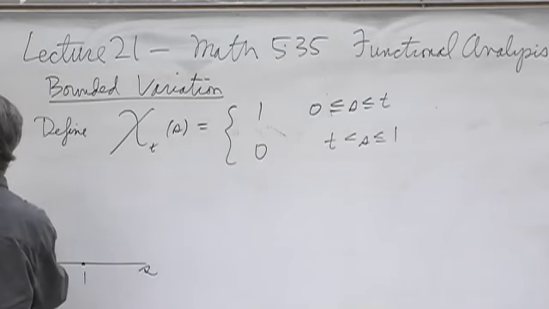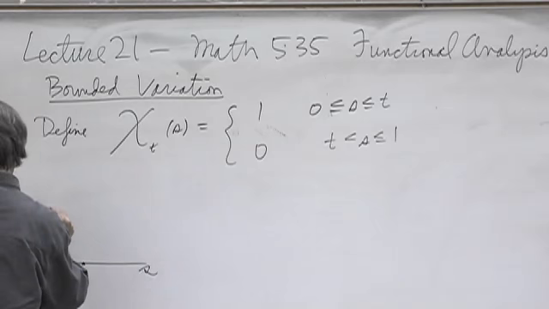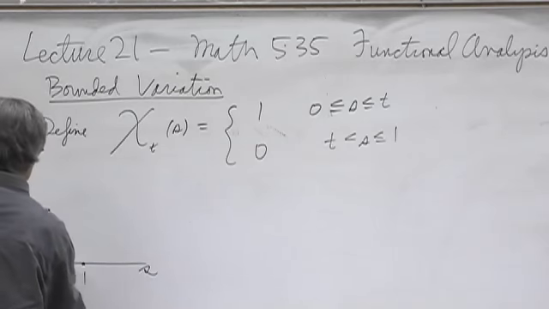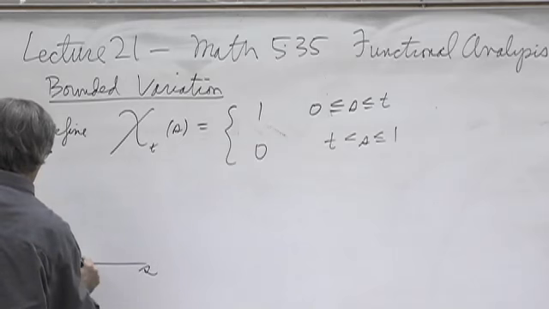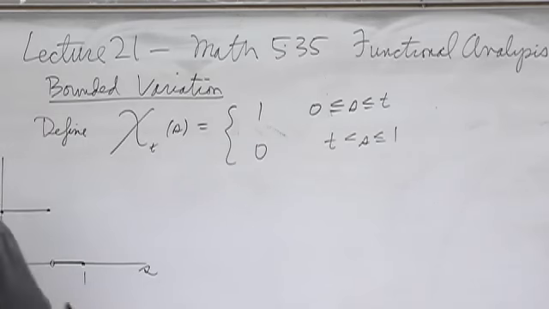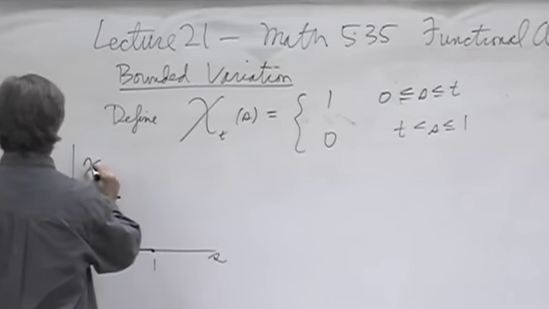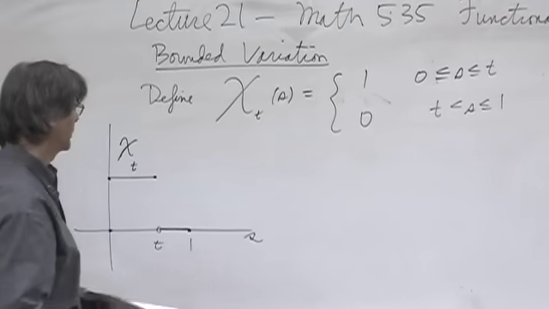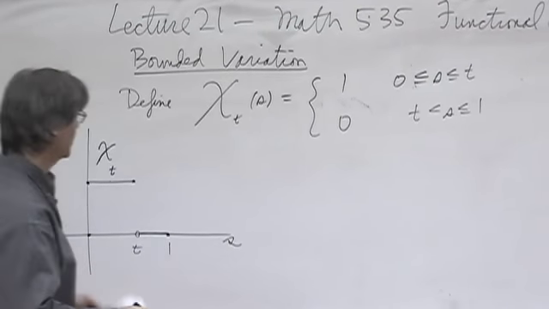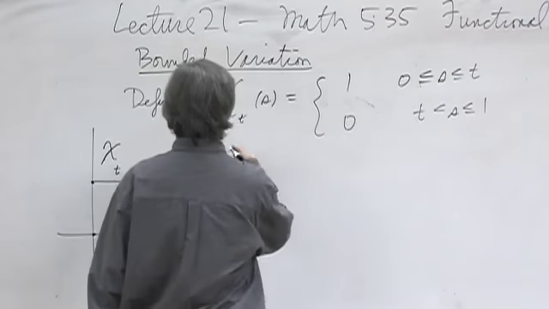The function is 1 until t, and then it's 0 after t. This is the point t on the s-axis, and this is chi sub t. He calls it x sub t, but I'm calling it chi sub t, which is more traditional.